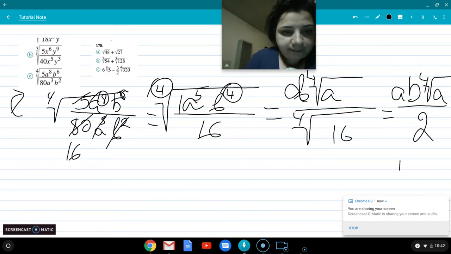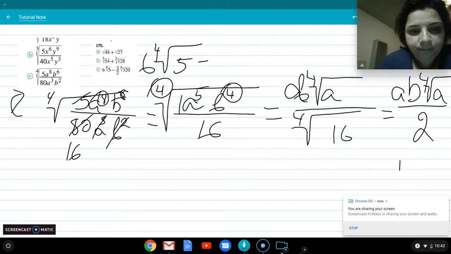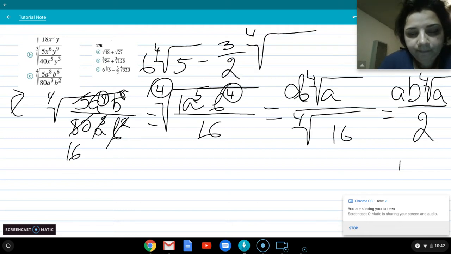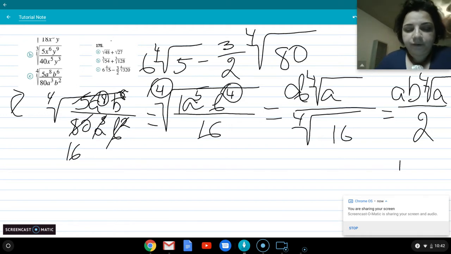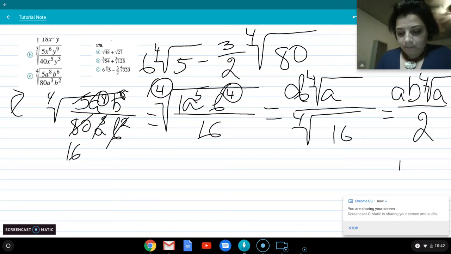The intention was for the problem to be 6 times the fourth root of 5 minus 3/2 of the 4th root of 80. That was the problem they were solving when they got the answer.